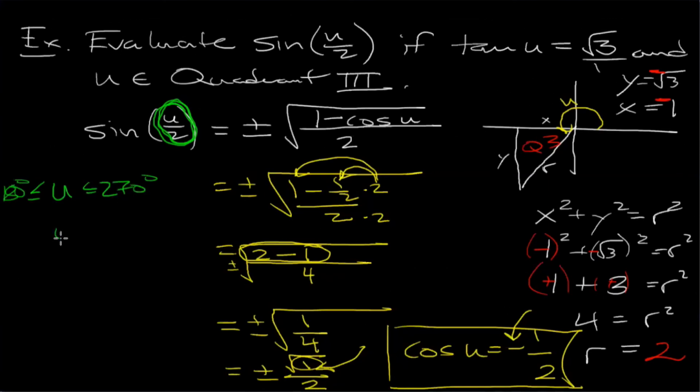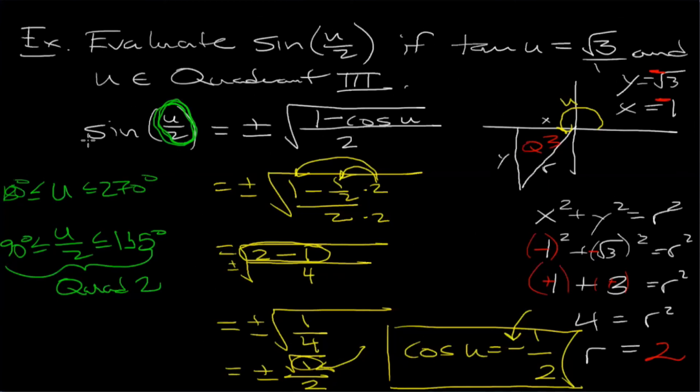So then u over 2, I divide everything by 2. u over 2 would be between 90 and 135, which is in quadrant 2. And in quadrant 2, sine would be positive.